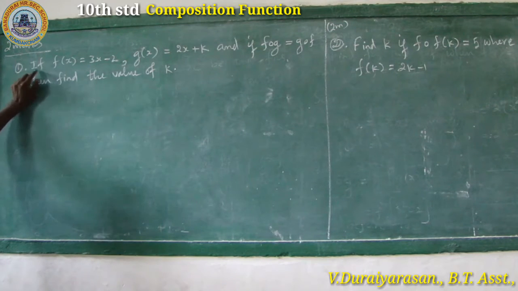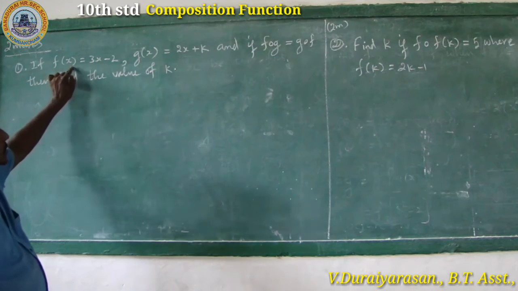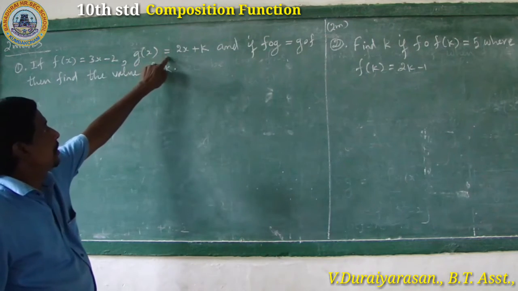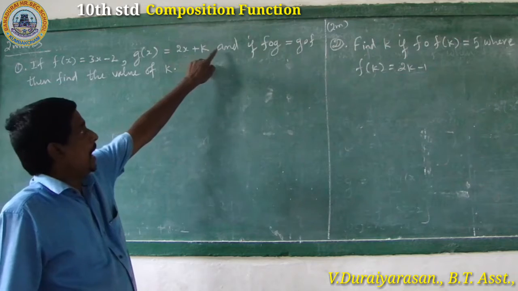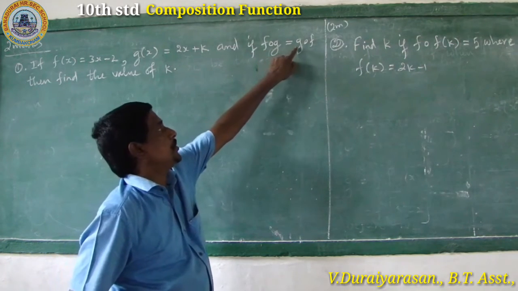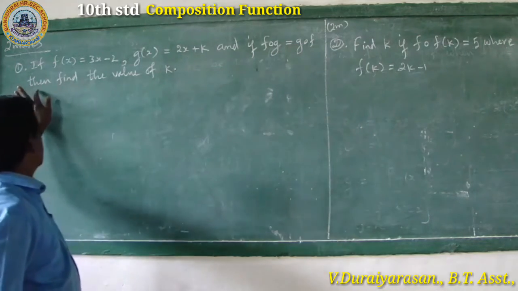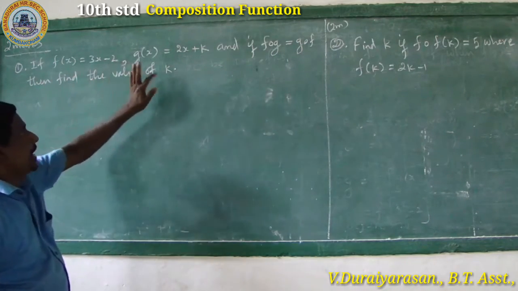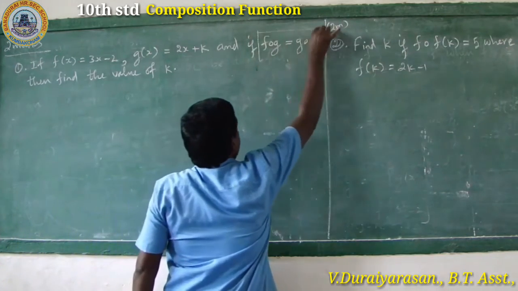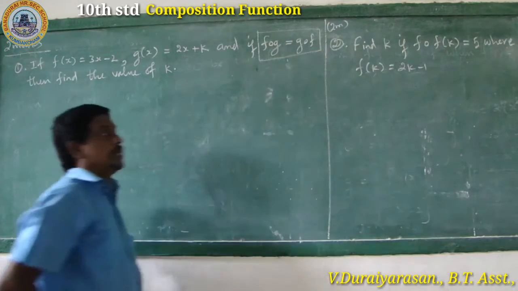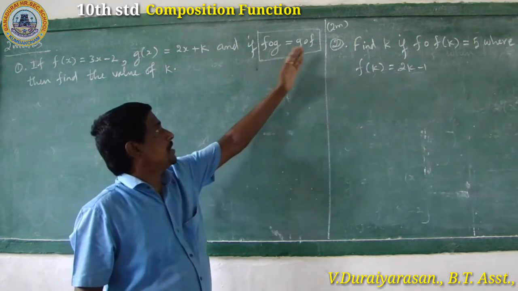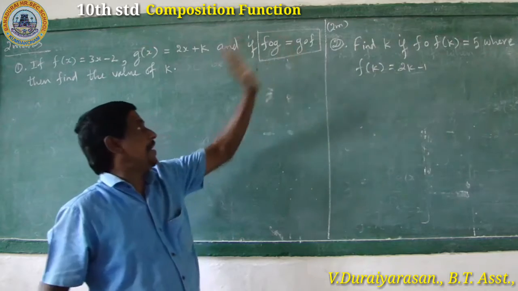First of the 2 more: if f of x is equal to 3x minus 2 and g of x is equal to 2x plus k, and if f composite g is equal to g composite f, then find the value of k. Here the given point is that f composite g is equal to g composite f. The composition of two functions being equal is given.